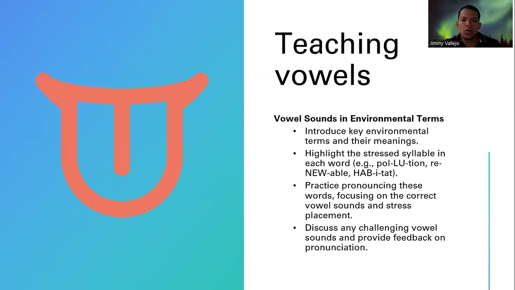According to the lesson that I was talking about previously about the environment, the first thing that the teacher has to do is introduce key environmental terms and their meanings. Second, highlight the stressed syllable in each word. For example, pollution, the stressed syllable.